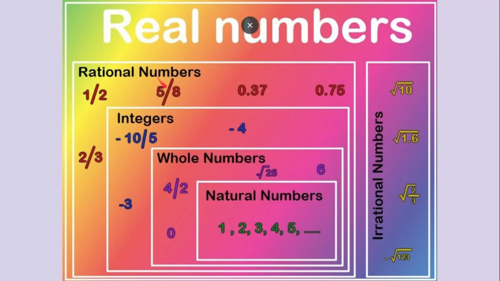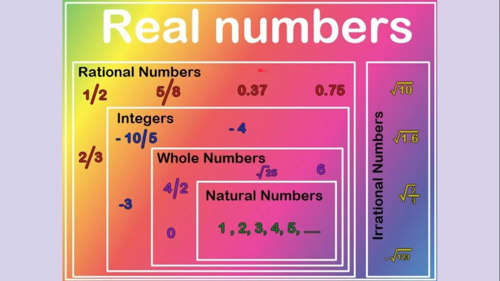Finally, we get back to our rational numbers. I've already given you this definition, but I'll read it again. It is numbers that can be expressed in the form of a fraction, where the numerator and the denominator are integers, and the denominator does not equal 0. Notice these are all fractions. 2/3, 1/2, 5/8.